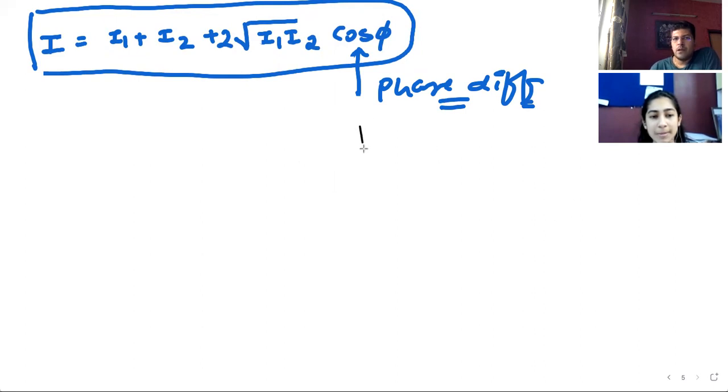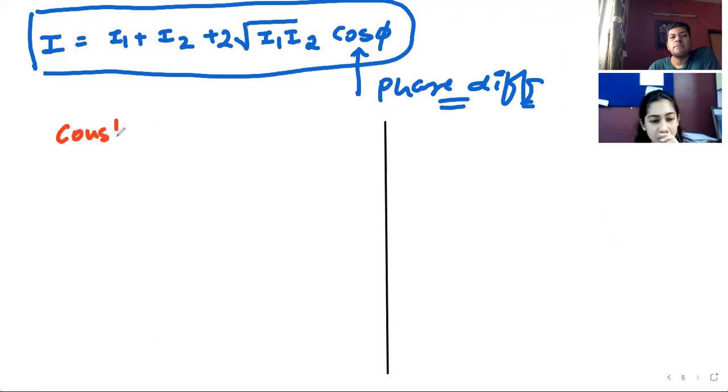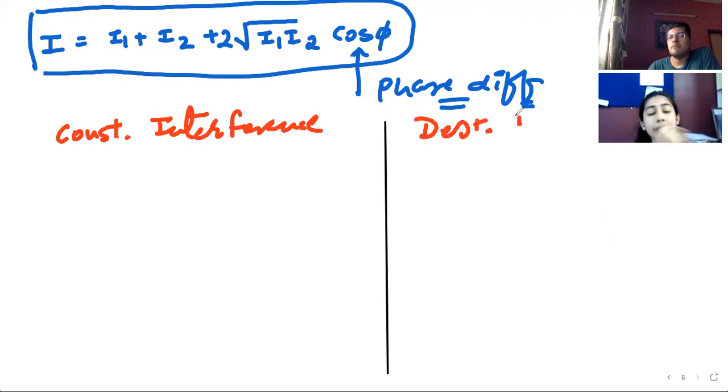Chalo, first of all I am just putting in two parts: constructive interference and the next one is called destructive interference. Okay, so I got that cos phi.